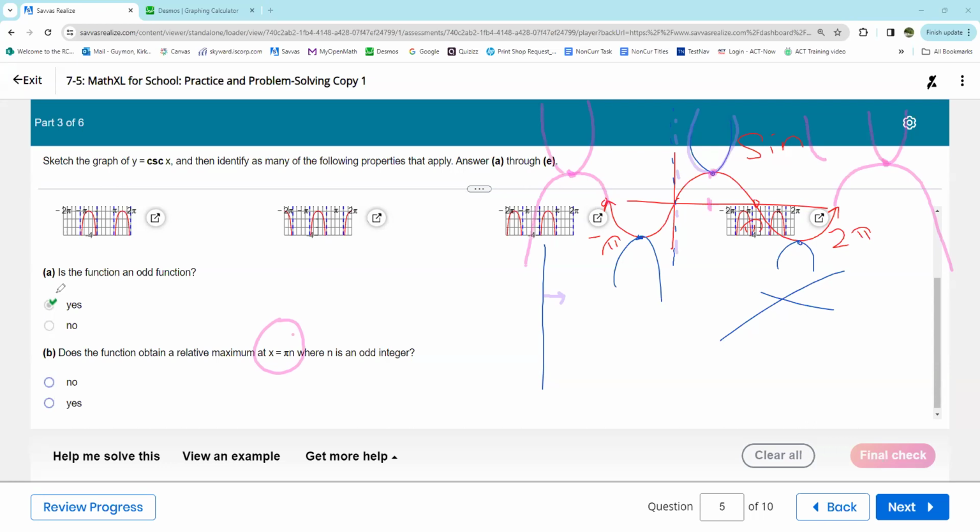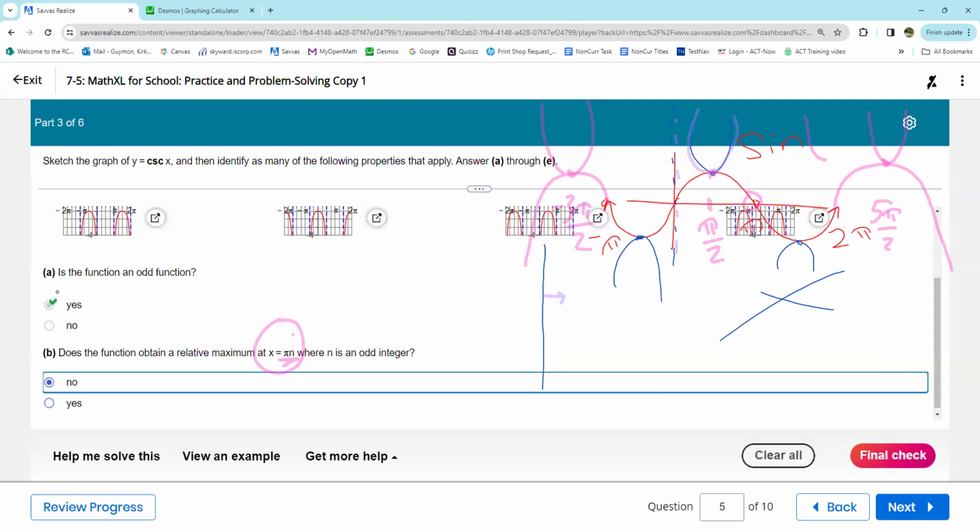So this is happening right here. My pi is here, so this is happening at pi over 2's. So this would be like 5 pi over 2 over there, and this one over here would be negative 3 pi over 2. So is it happening on the whole pi's? No. That does not seem to be the case to me.